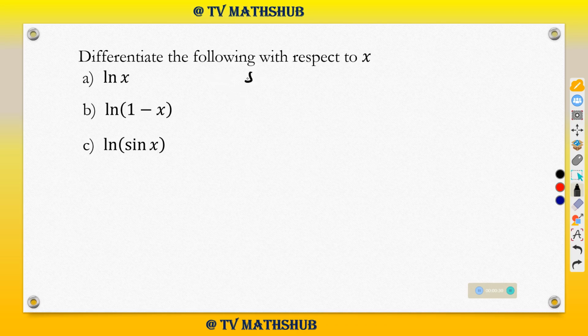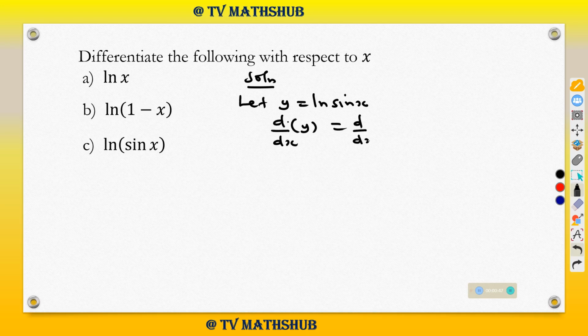Following the same procedure, we shall have our solution as we let our y be ln sine of x. And from there, we shall differentiate with respect to x, y, and we shall do the same for ln of sine x.